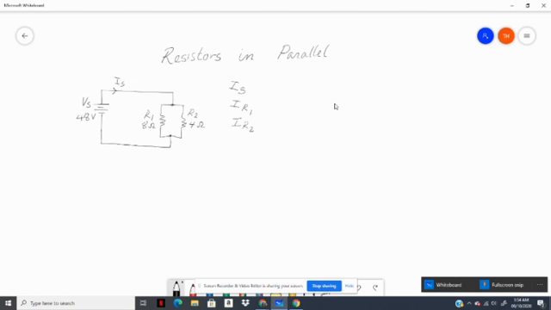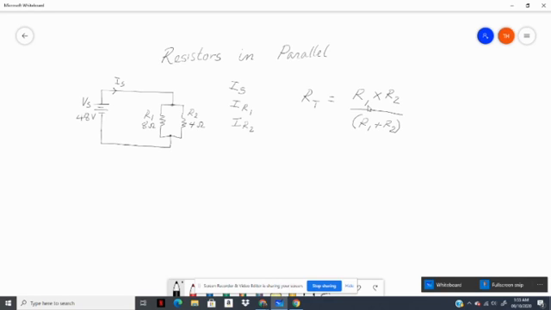Well, the formula for two resistors in parallel is simply R total is equal to R1 multiplied by R2, divided by R1 plus R2. You can put it in brackets to make sure that you're adding R1 plus R2.